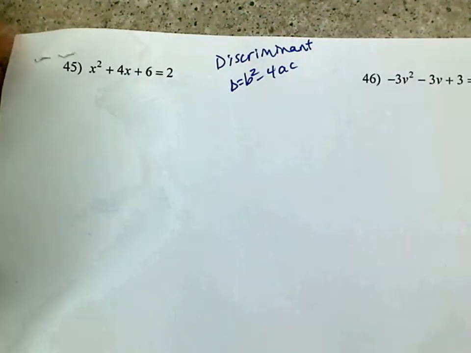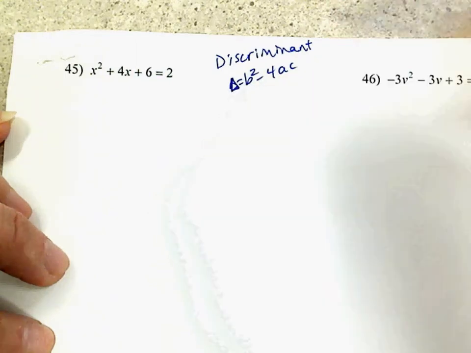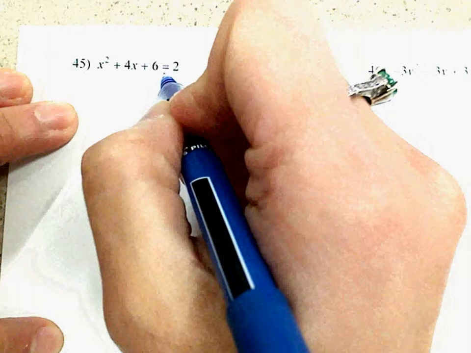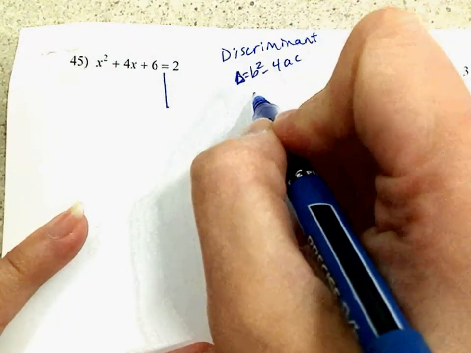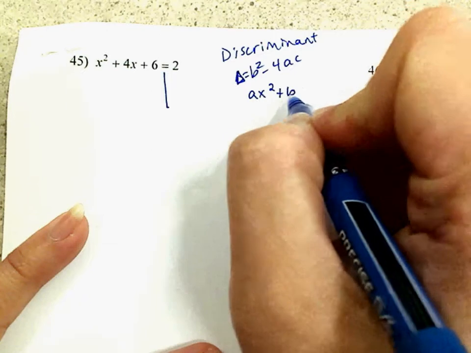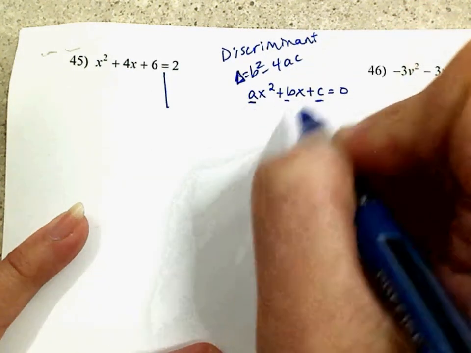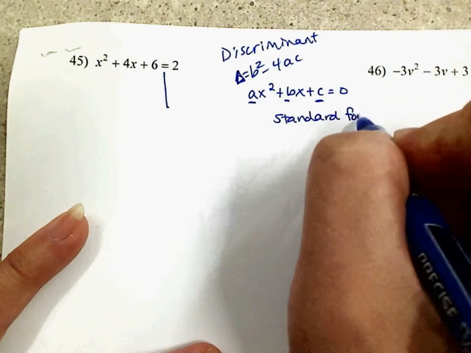We're going to use the symbol, the triangle. That's actually a delta in Greek. Before you start, make sure you write it in the correct order of ax squared plus bx plus c, set equal to 0. That is called the standard form.